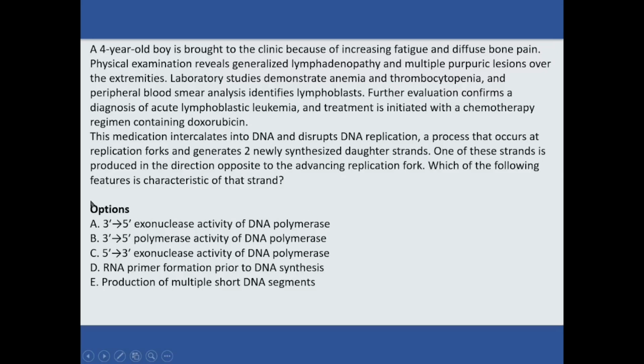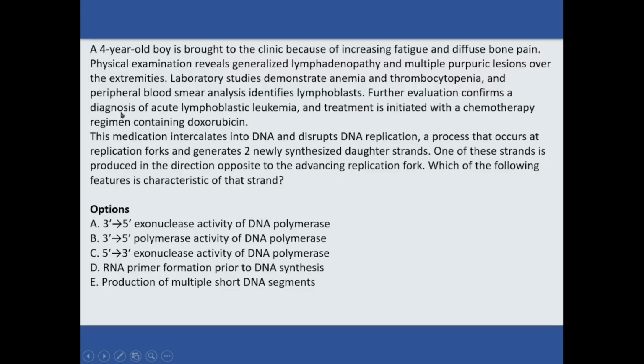Which of the following features is characteristic of that strand? A 4-year-old boy is brought to the clinic because of increasing fatigue and diffuse bone pain. A physical examination reveals generalized lymphadenopathy and multiple purpuric lesions over the extremities. Laboratory studies demonstrate anemia and thrombocytopenia, and peripheral blood smear analysis identifies lymphoblasts.